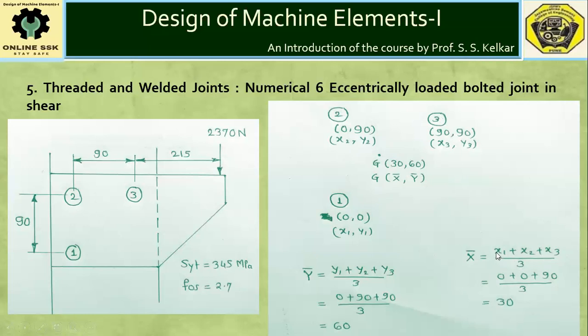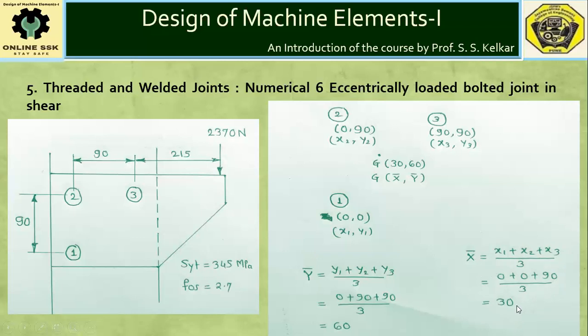So you have to add the x coordinates of all the z bolts and divide by the number of bolts z. In this particular case, z is equal to 3, so we add x1 plus x2 plus x3 and divide by 3, which gives x bar for the center of gravity G.